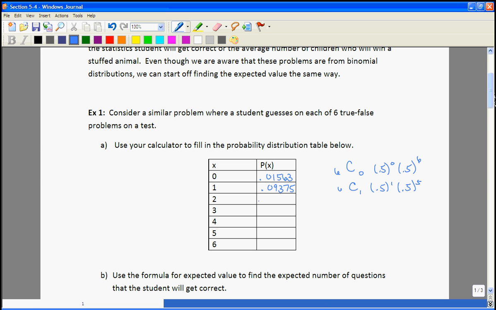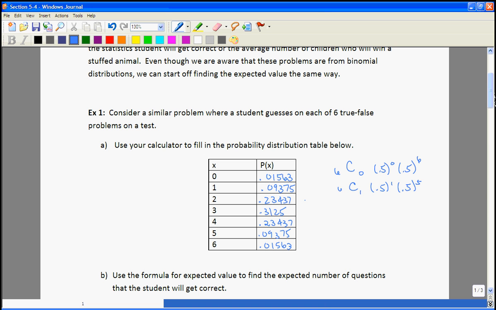And on down the list, this one would be 0.23437, and then 0.3125, 0.23437, 0.09375, and 0.01563. And if you've noticed already that the values tend to repeat, it's because the probabilities are half and half.